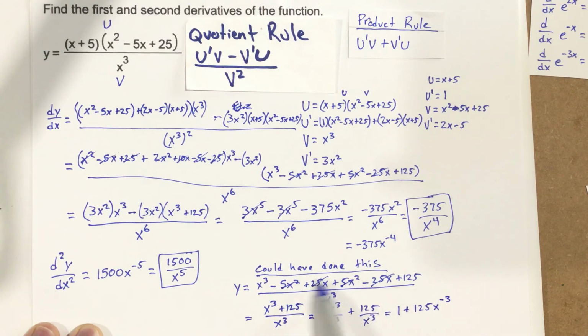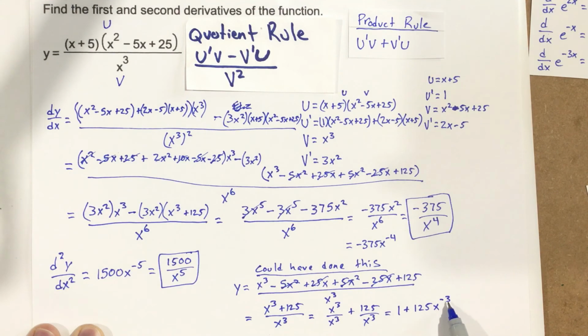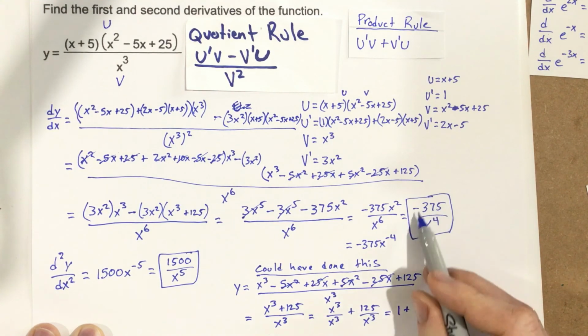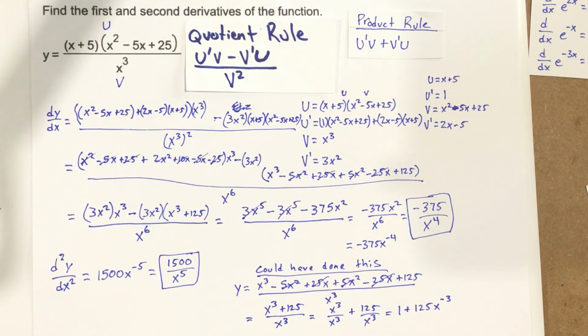Okay, so we could have simplified this entire function to this right here. And then imagine how easy that derivative would have been. When we take the derivative of 1, that would cancel. When we take the derivative of this, we'd bring the negative 3 to the front and subtract 1, we end up with negative 375 x to the 4th, and we get right to that in very few moves.